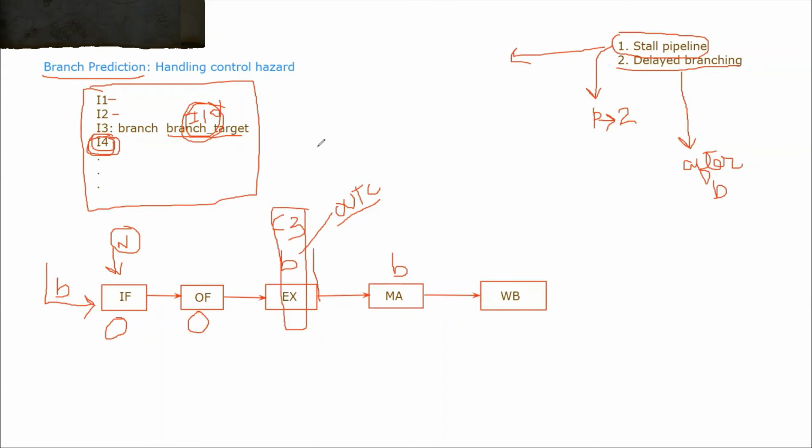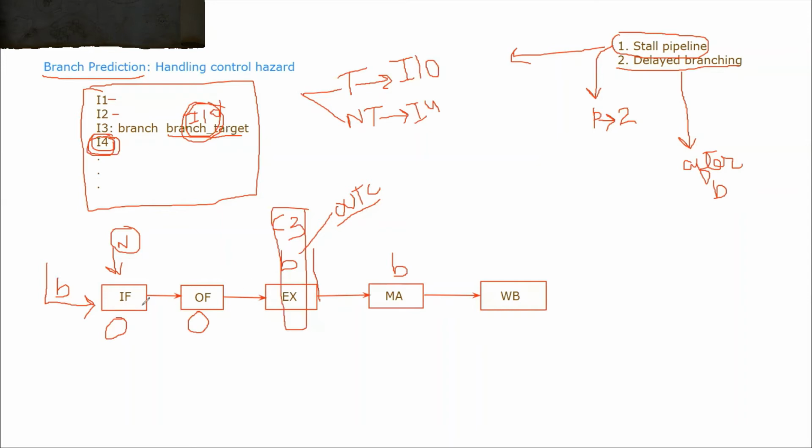That means in the execute stage we will know whether the branch is taken or not taken. If the branch is taken, the next instruction to be fetched should be I10. However, if the branch is not taken, the next instruction to be fetched should be I4.